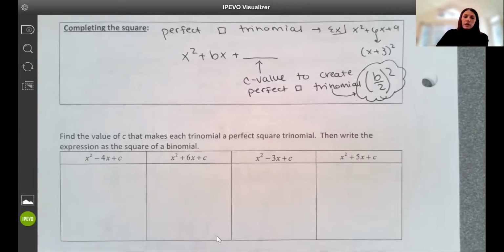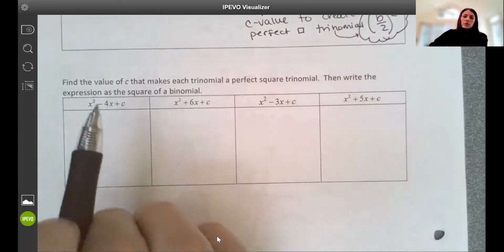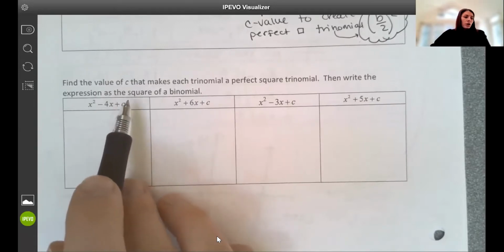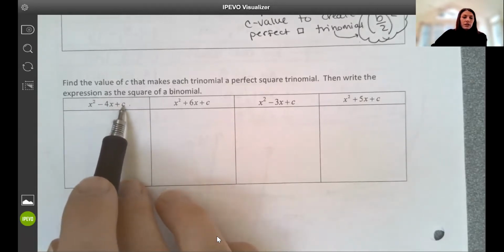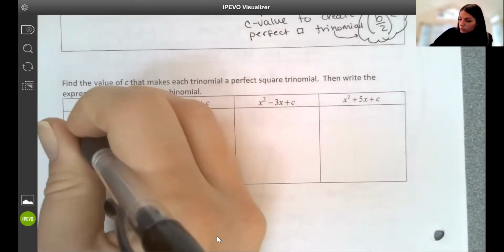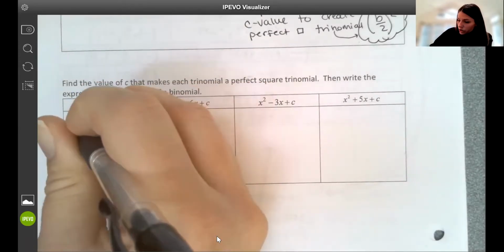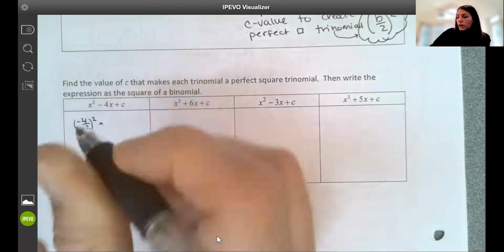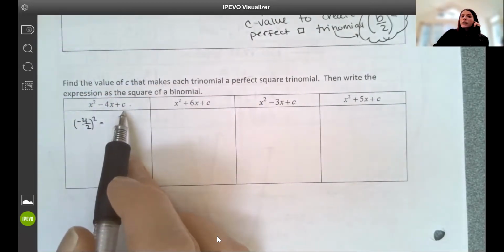So let's look at the trinomials below. It says find the value of C that makes each trinomial a perfect square trinomial. So it just says x squared minus 4x plus C. Now if I take my B value, which is -4, and I divide it by 2 and square it, what would that give me to complete that perfect square trinomial?